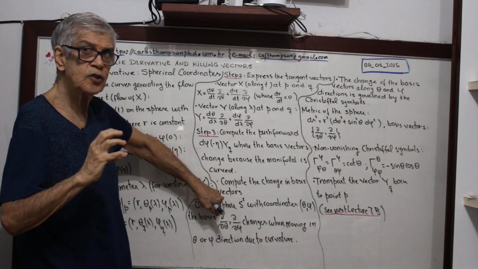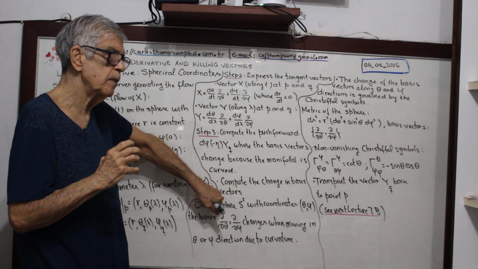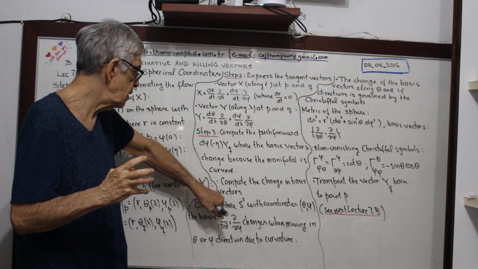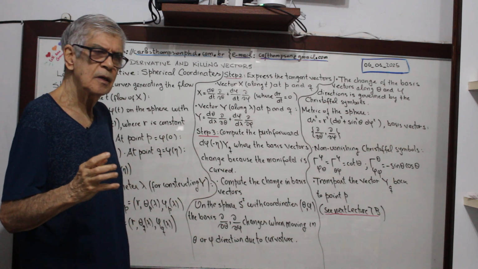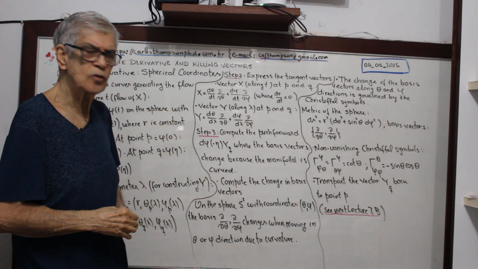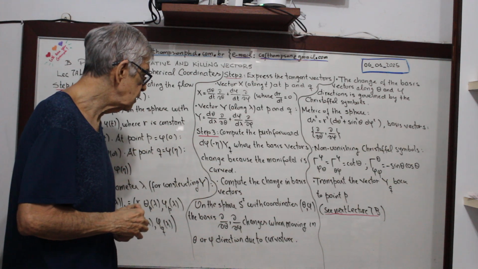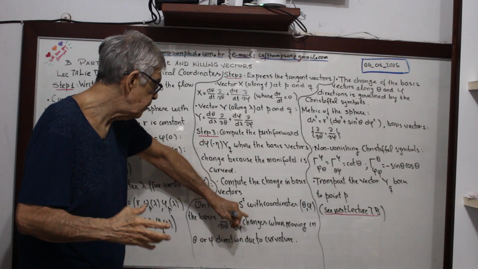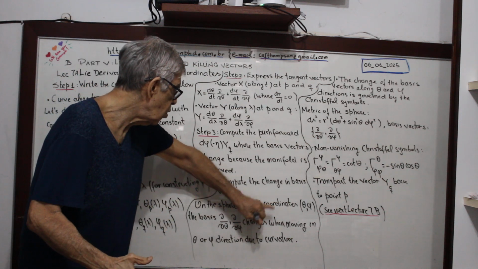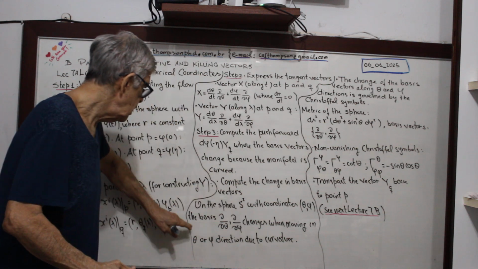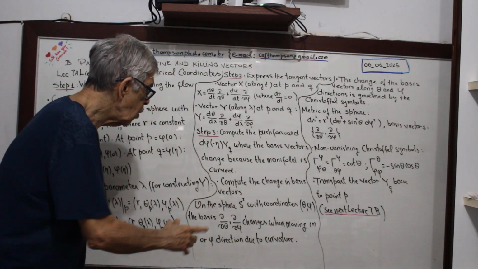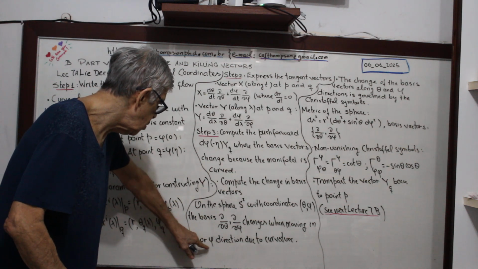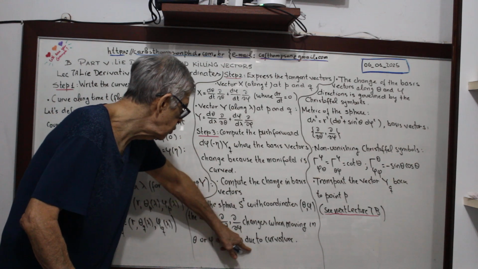This change in the basis vector will use the connection, the Christoffel symbols, as we did in many previous lectures. Particularly on the sphere S squared, the surface of the sphere with coordinates theta and phi, the bases change when moving in the theta or phi direction, due to the curvature.